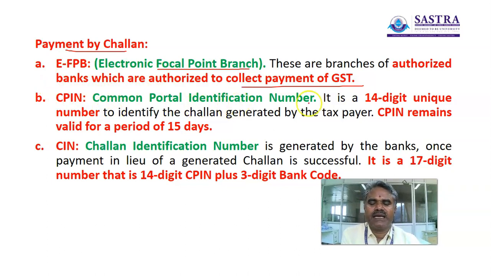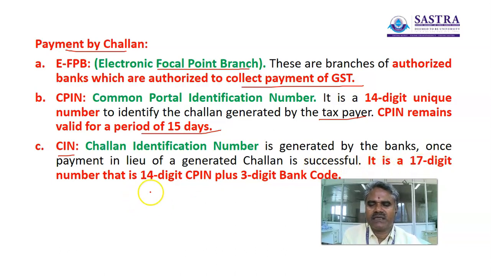CPIN, Common Portal Identification Number. It is a 14-digit unique number to identify the challan generated by the taxpayer. CPIN remains valid for a period of 15 days. Once you create a CPIN, it will be valid for 15 days; after that, automatically it will expire. CIN, Challan Identification Number, is generated by the banks once the payment in lieu of a generated challan is successful.